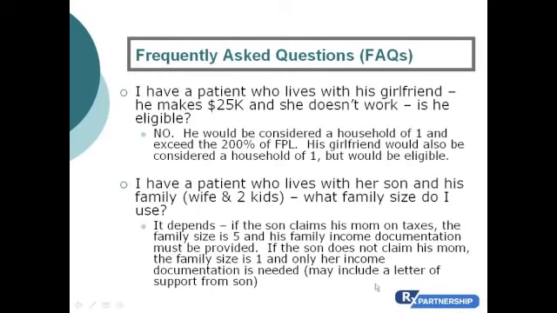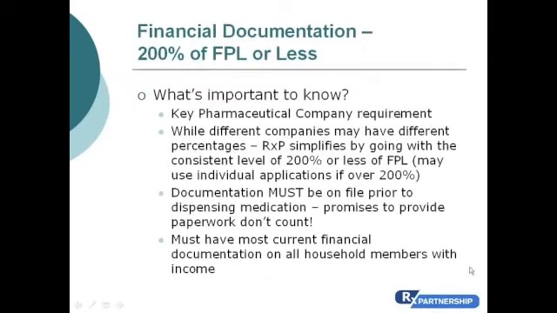That income threshold, we've talked about quite a bit in various contexts. It is very important to look at the individual level for each company you're participating with, whether it be the individual applications or the bulk programs, which can vary in terms of the income threshold.